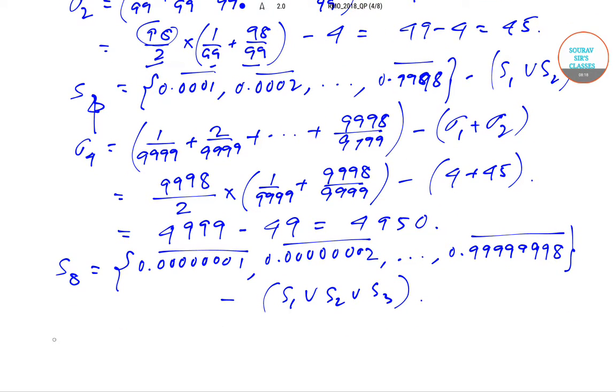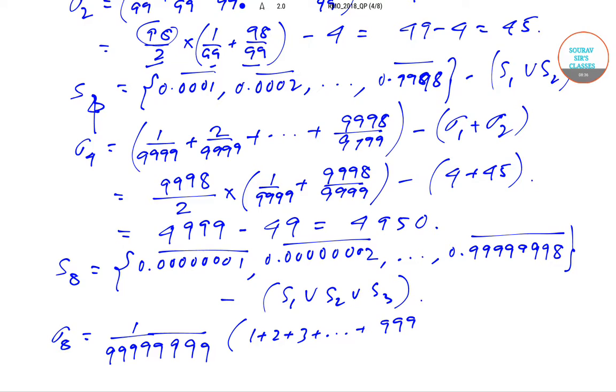Okay, so now if we find sigma 8, it will be basically equal to 1 by, then how many 9s will we have in the bottom? We will have 8 9s. So into 1 plus 2 plus 3 up till the number 7 9s and then an 8, minus sigma 1 plus sigma 2 plus sigma 3.